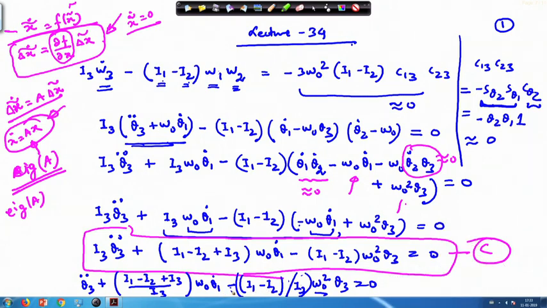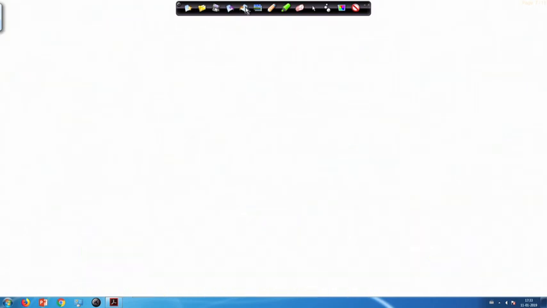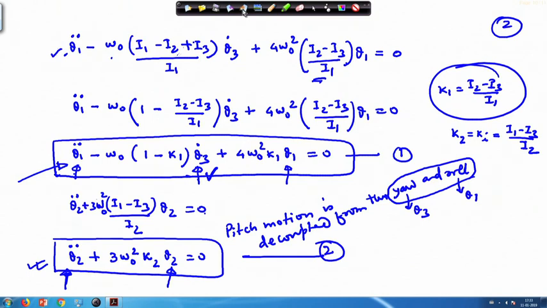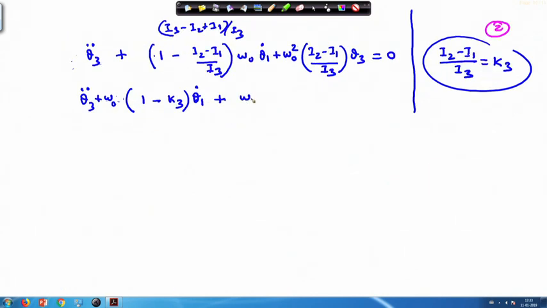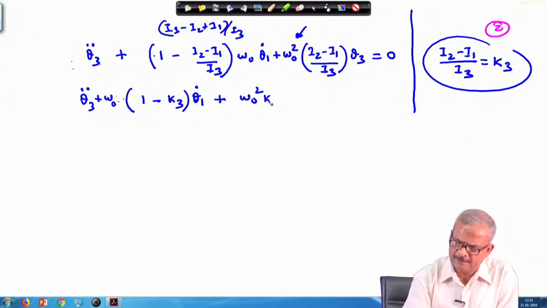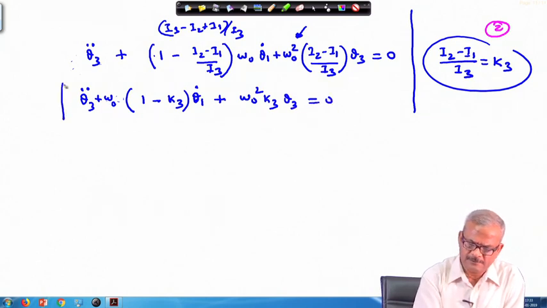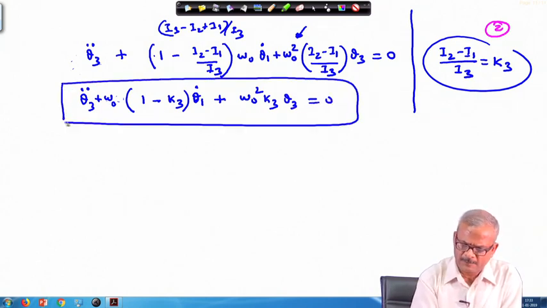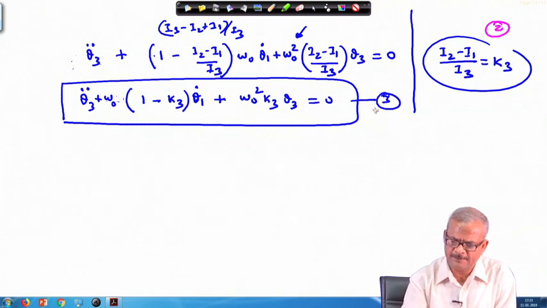So, this gets reduced to plus, and this omega 0 square is there. Here omega 0 square, this square we have to put, and this term is k 3 times theta 3, this equal to 0. So, this is the equation number 3.